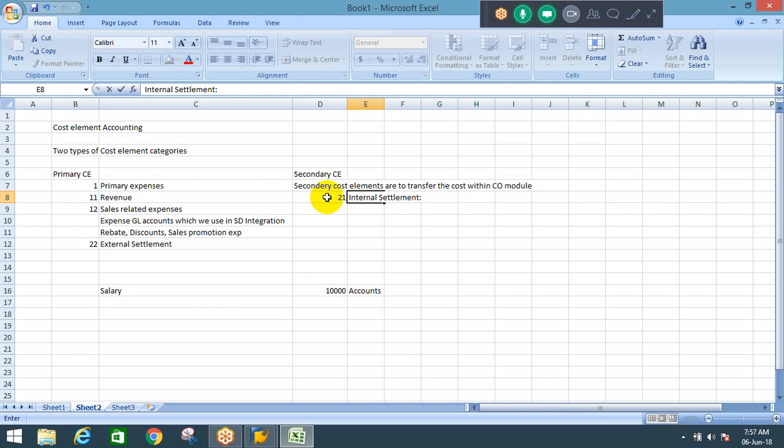This is to transfer from one cost object to another cost object. This is called settlement, transfer or settlement.